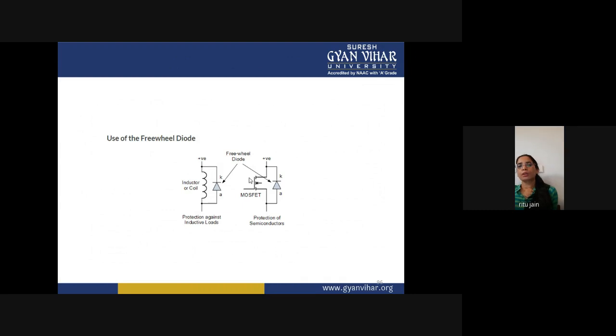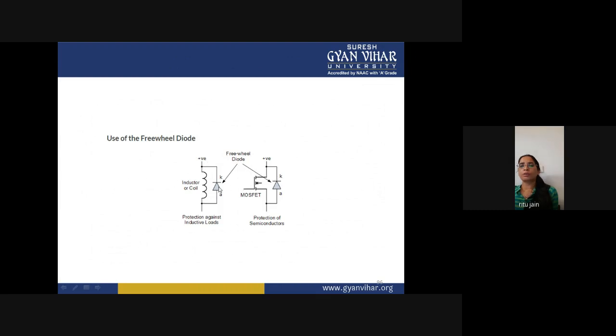So, the use of the freewheeling diode. Here you can see the inductor or coil, and protection against inductive loads. This is your inductor, and you are using a freewheeling diode across the MOSFET.